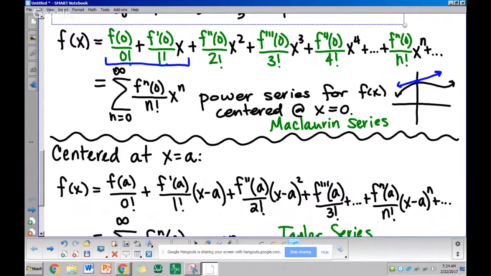So what does that mean if I were to use the first three terms? Well, now I have a parabola that is going to fit this function at the point of tangency, maybe a little bit better. So you might have a tangent parabola. If you use 4 terms, you will have a tangent cubic.